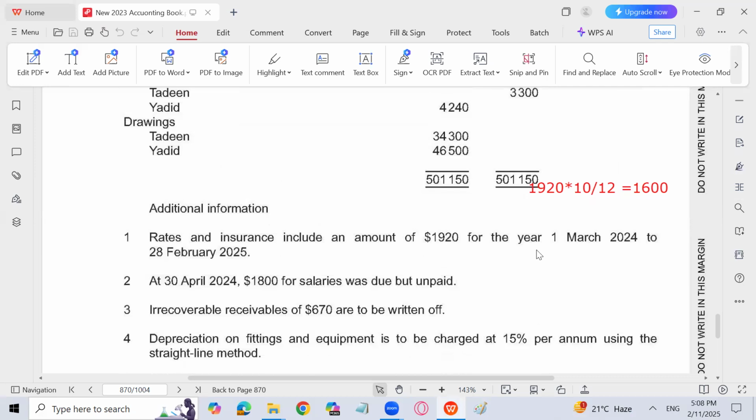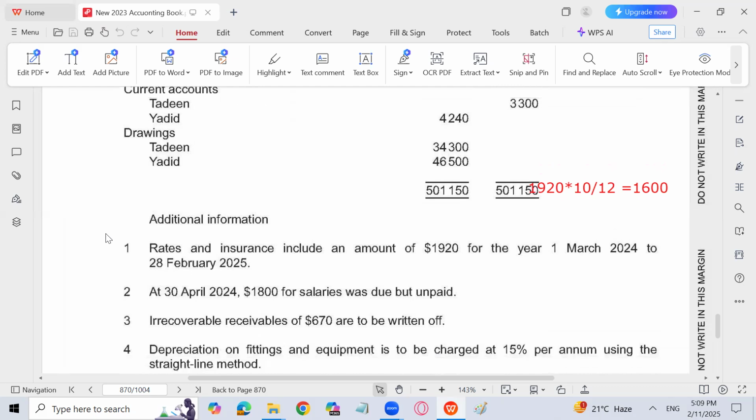That's fine. But for the next 10 months, May, June, July, August, September, October, November, December, January, and February, 10 months payment is prepaid. So 1920 into 10 over 12, that is 1600, is going to be prepaid insurance. We need to subtract that from the insurance expense.